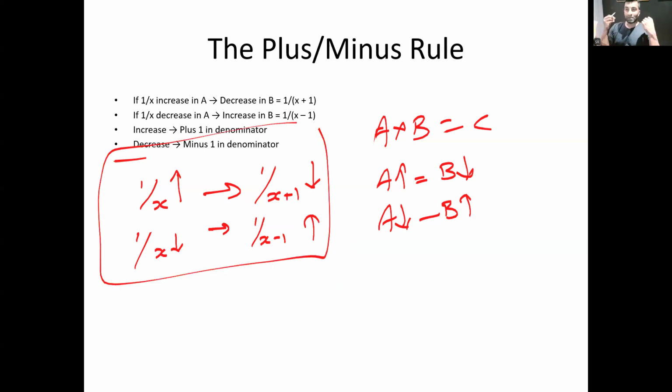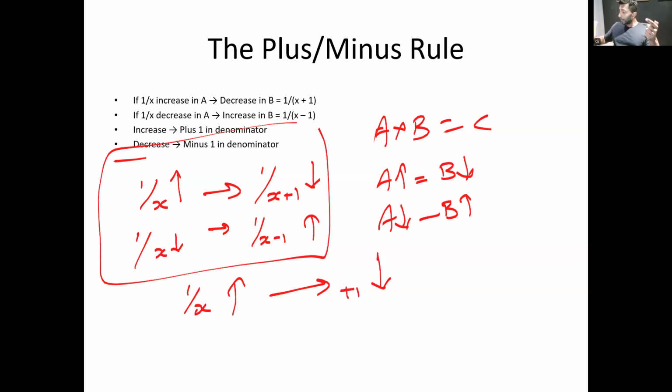And I want you to remember only this for you to solve 60% of the quant questions, and everything that you're going to get will be the combination mix match of this particular concept only. Okay, so if you need to remember easily, if there is an increase, the other one will decrease, and if there is 1 by X, just add plus 1 in the denominator.